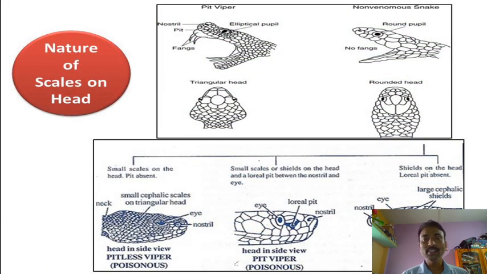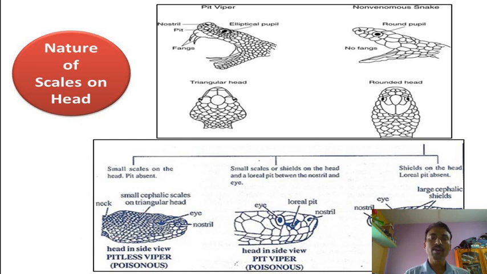Now the fourth category is the nature of the scales on the head. What are the scales present on the head? In the case of poisonous and non-poisonous snakes, we also differentiate them this way.